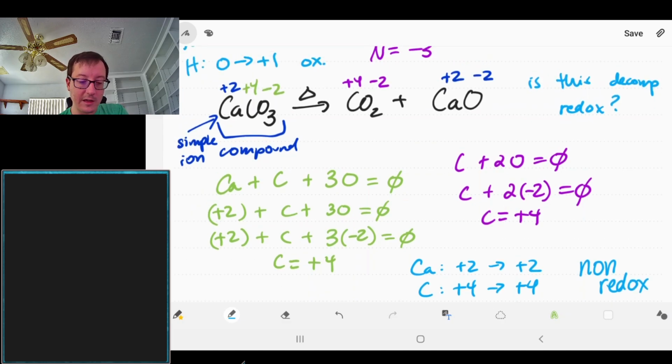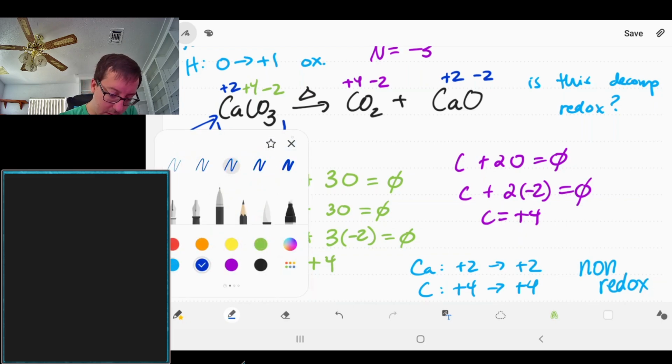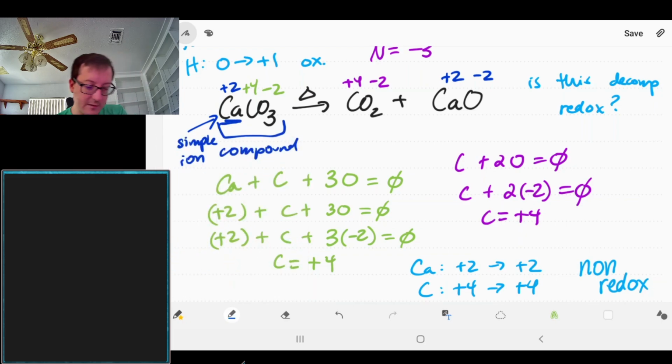All right, so we're looking at the oxidation numbers of everything in this reaction. I'm going to just underline this as our simple ion, just so you remember that. Don't forget about your simple ions. You might also have noticed that we had a rule for polyatomic ions.